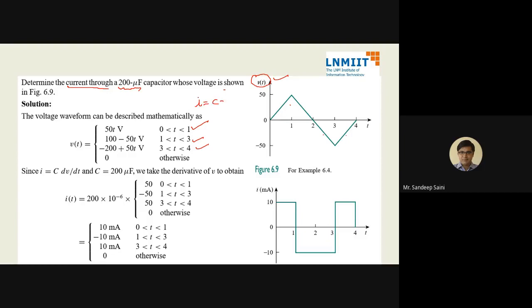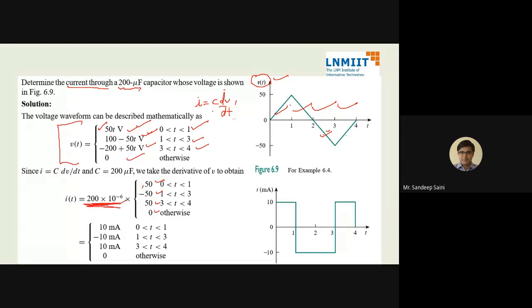I is equal to C dV by dt, and you have already given me the voltage graph. From this graph, I can get the equations. Once I have these equations, the first is 50t. So C dV by dt, I get these values, and I multiply with C, which is outside.